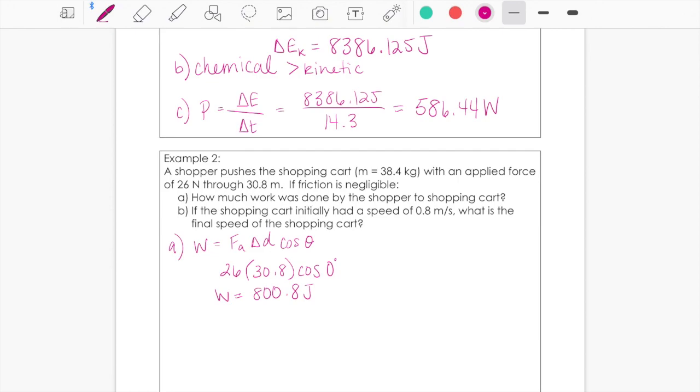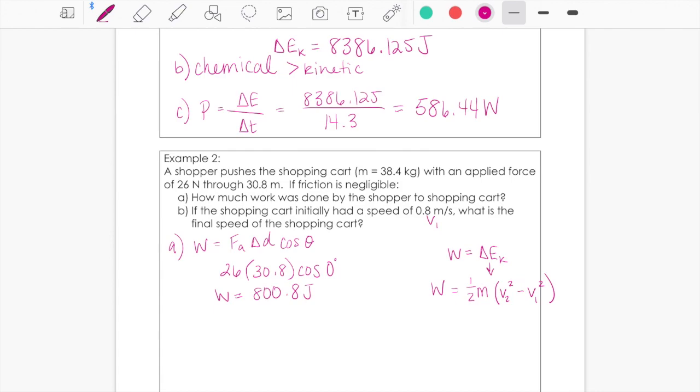For part B, if the shopping cart initially had a speed of 0.8 meters per second, what is the final speed? So it gave us V1, but it wants to know V2. Remember again that work is the same as a change in our kinetic energy, and we can calculate kinetic energy with velocities as 1/2 mass times V2 squared minus V1 squared, which would be equal to our work.